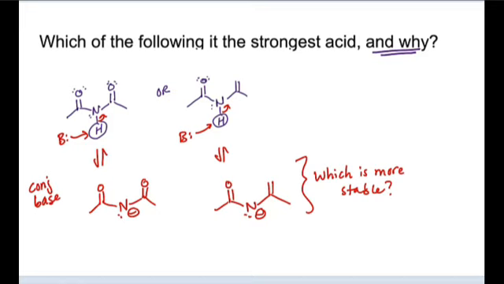There's lots of factors that can contribute to stability, but resonance is definitely one of the most common ones, and we have red flags for resonance here. So we're going to consider resonance, and I can see this resonance form for sure that could form.